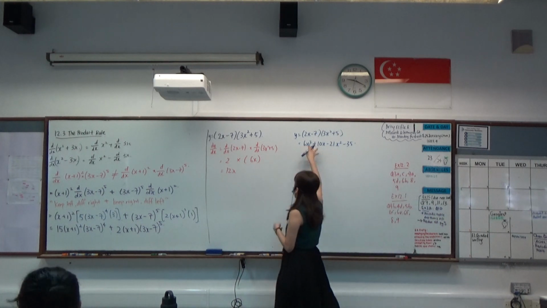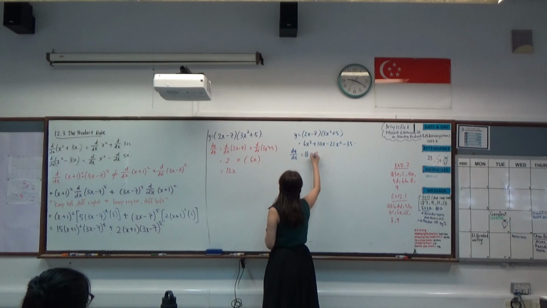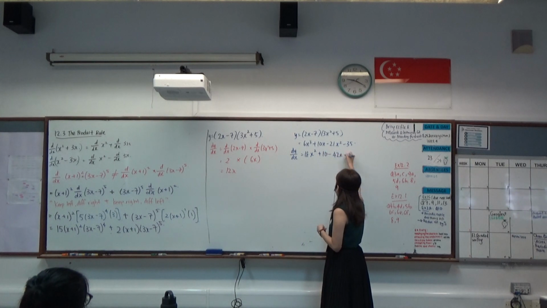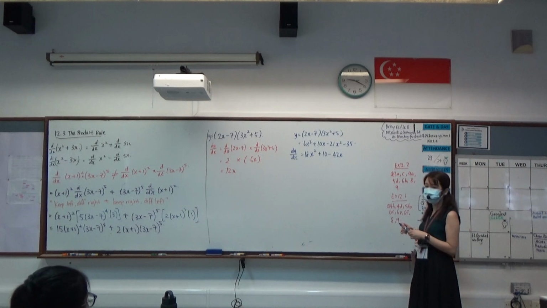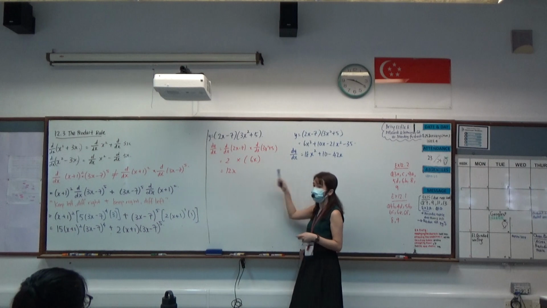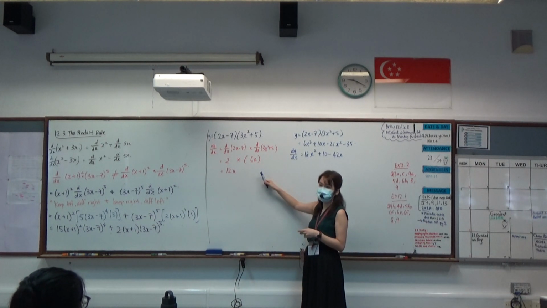And if I use the expanded form to differentiate, I'm going to get this. So clearly, we see that this and this are not equal. Therefore, this rule is not correct.